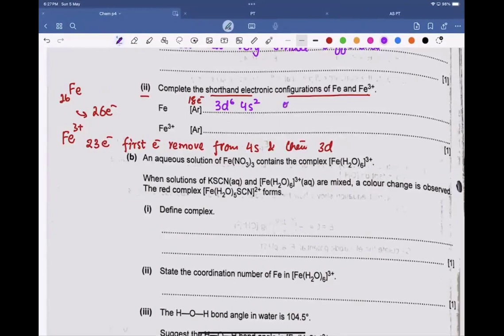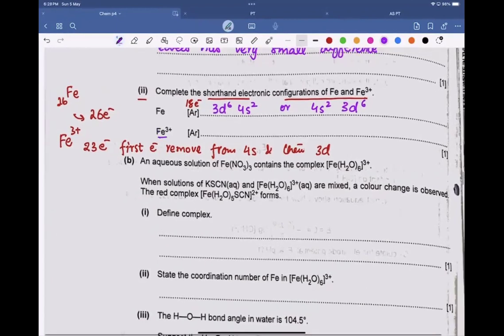So either you can write it like this or you can write it like this, 4s2 3d6. Both are correct. But remember, first electrons are filled in 4s and then the electrons are filled in 3d. Now, if it's 3 positive, 3 electrons are removed: 2 electrons from 4s and 1 electron from 3d. So it is going to be 3d5 only. Is this clear to all of you?